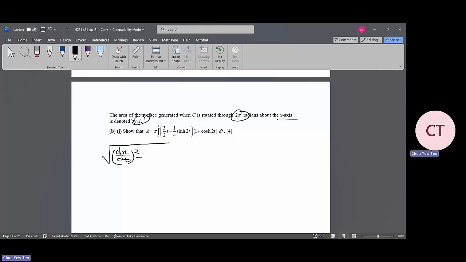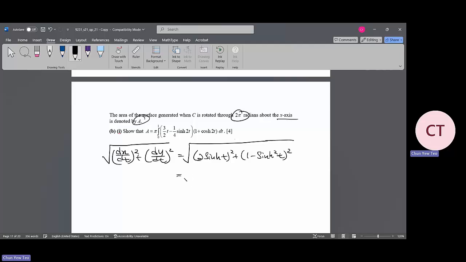We need to simplify the square root of dx/dt squared plus dy/dt squared. So from part A just now, it is 2 sine t squared plus 1 minus sine squared t squared.